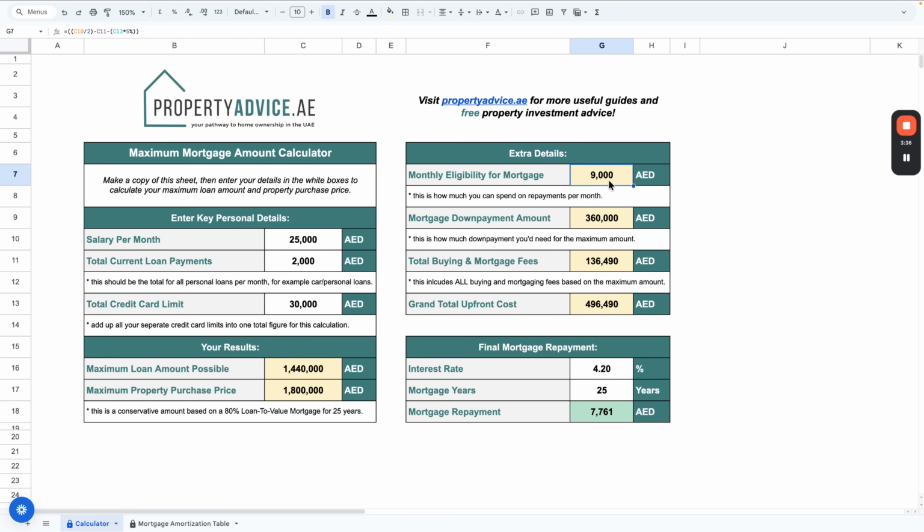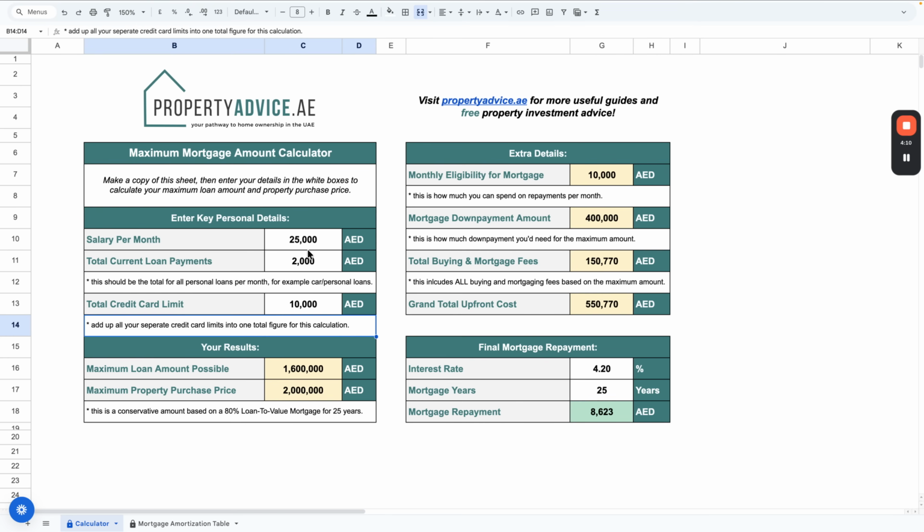So you will probably find your mortgage broker or loan brokers will often ask you to try and reduce your credit card limit, because that actually has a big effect on your loan eligibility. For example, in this situation, we can currently get a loan amount of up to 1.4 million, but if we simply reduce the credit card down to 10,000 dirhams total limit, I should say, that will give you a much bigger maximum loan amount and a property value of up to 2 million now.